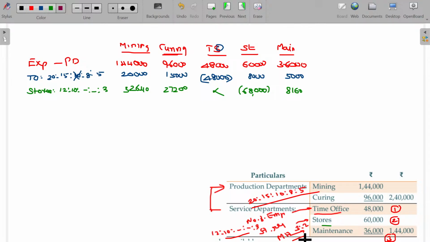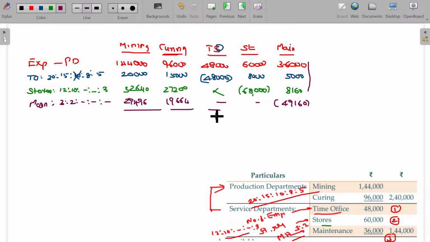And the last one being maintenance. In case of maintenance, it is a 3 is to 2 ratio, others will get nothing. The total value of these, 49,160, will be subtracted and distributed to milling and curing in the ratio of 3 is to 2. 29,496. 19,664.